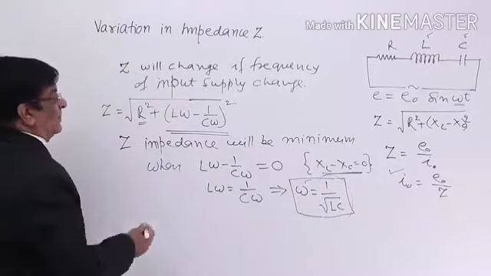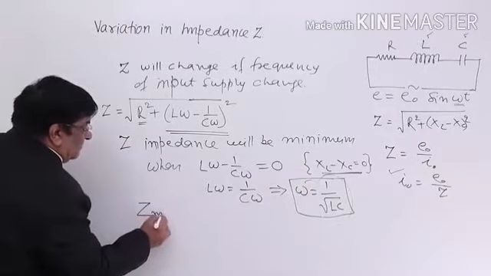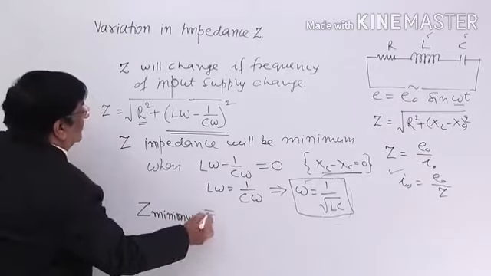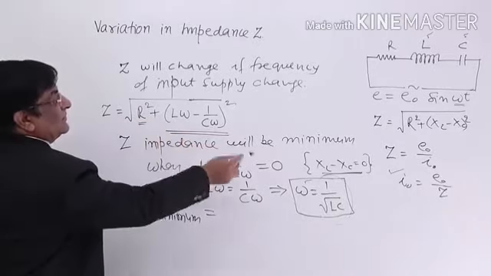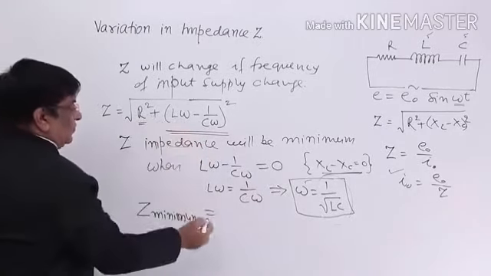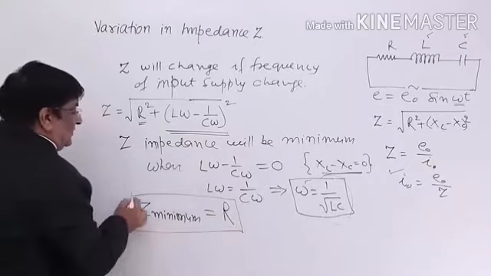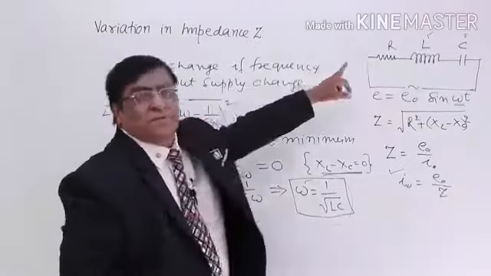Now with this frequency, what will be the value of Z? Z minimum is equal to root of R square plus this thing, and this whole thing is 0. So Z minimum is equal to R, the resistance.